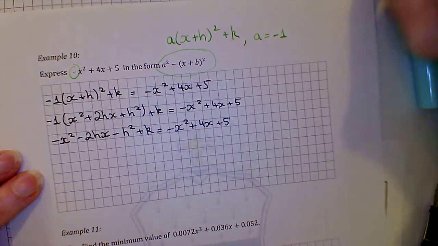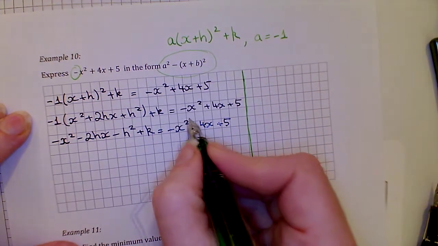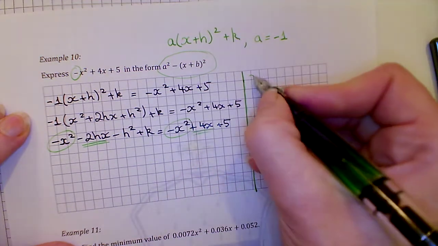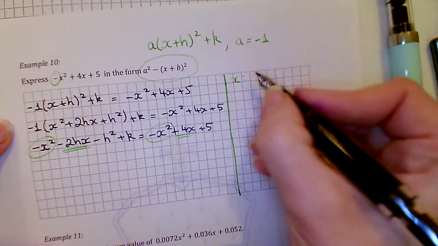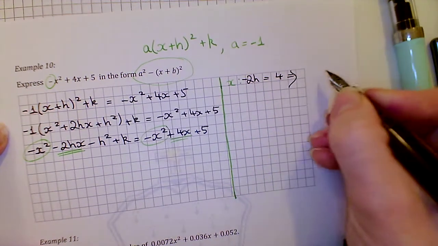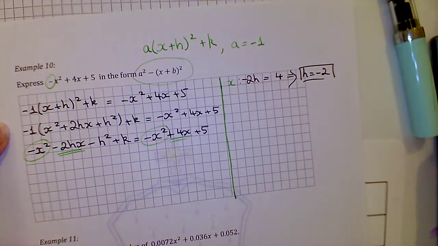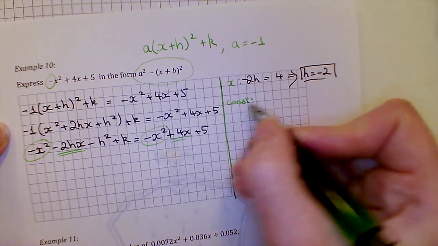And now I can go ahead and equate. You can see the x² terms are the same. So now I can go ahead and equate my x terms. So from x I get -2h is equal to +4, and that means that h is equal to -2. Here's where we have to be careful with our signs when we're filling in the constant.